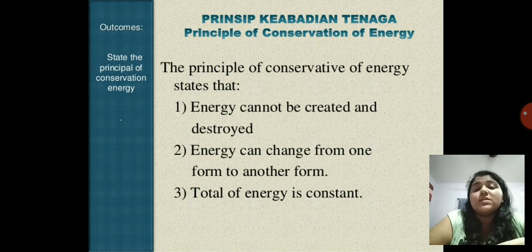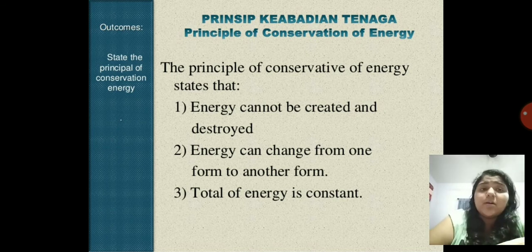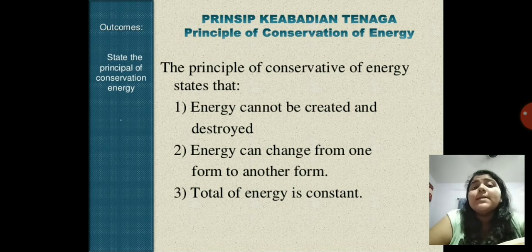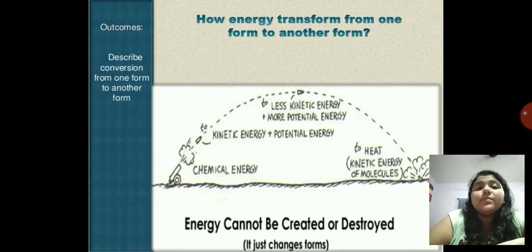You have to remember this: energy can neither be created nor destroyed, but it can be changed from one form to another, and the total energy in this universe remains constant.